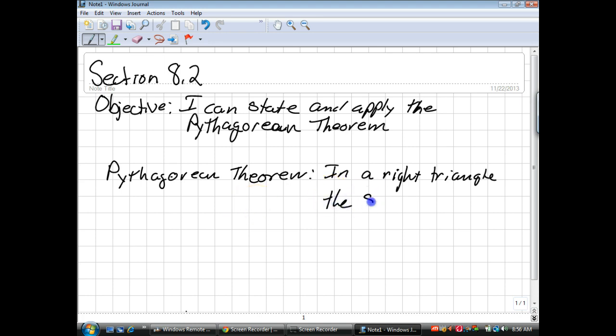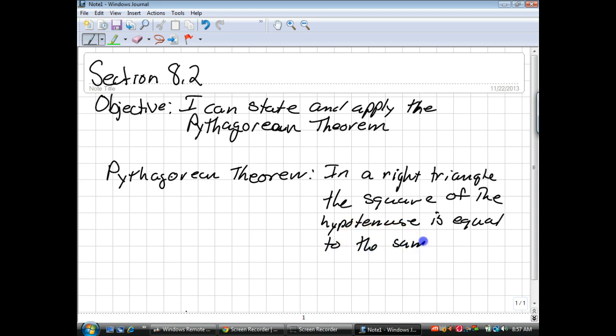The square of the hypotenuse is equal to the sum of the squares of the legs.